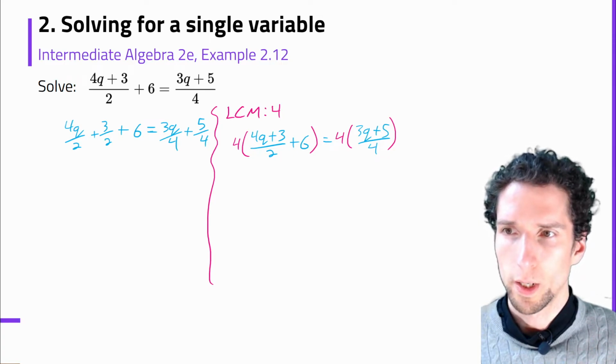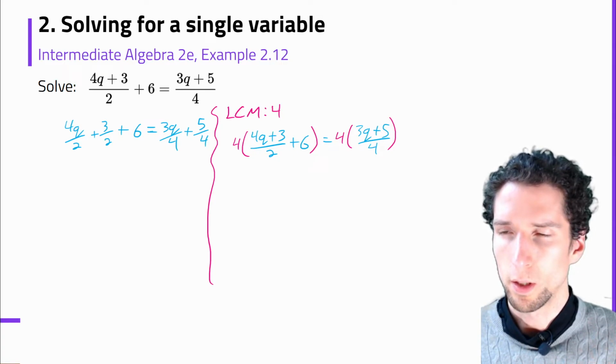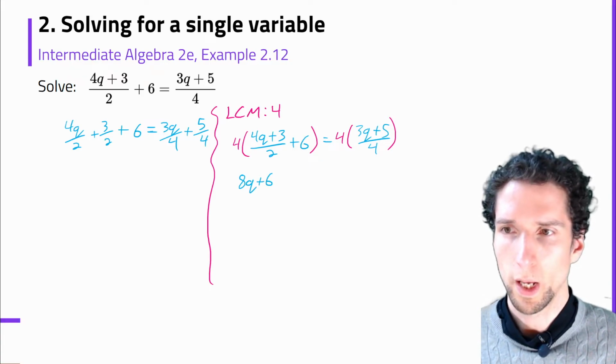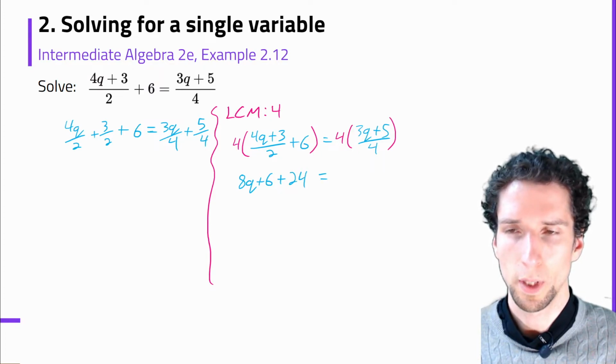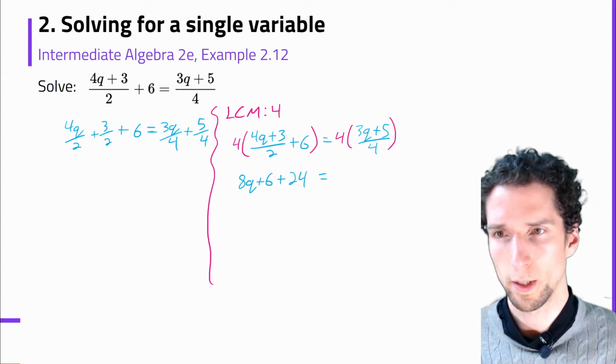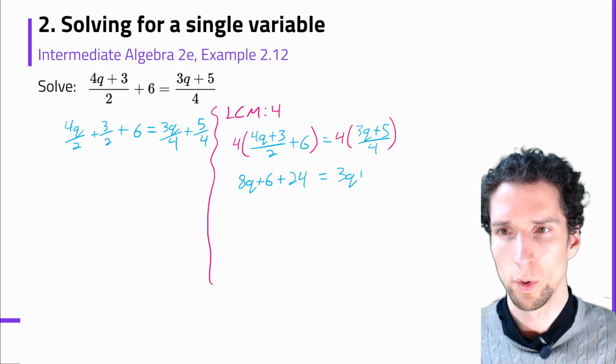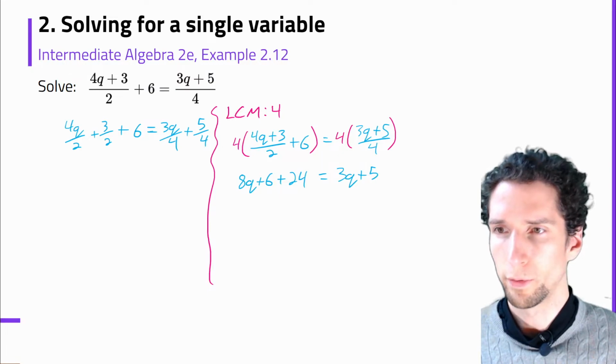So 4 times the something over 2 just means 2 times that whole thing. So that will be 8q plus 6. And then 4 times 6 is 24. And then 4 times something over 4, the 4's just cancel out, so we are just left with 3q plus 5.